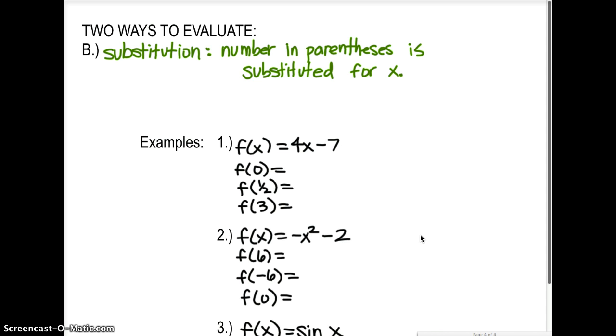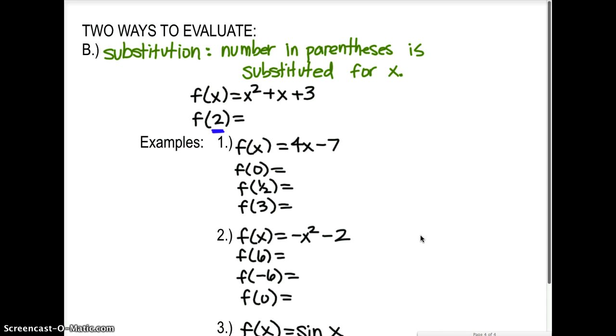Let's look at how this works. Let's say we have a function where f of x is x squared plus x plus 3. Kind of a boring function. If we want to evaluate f at 2, well, wherever we see an x now gets replaced by a 2.